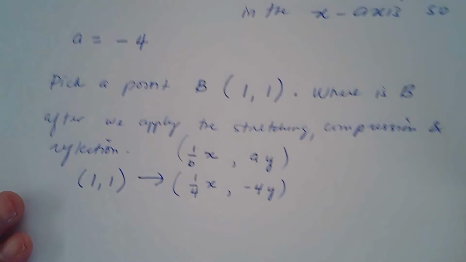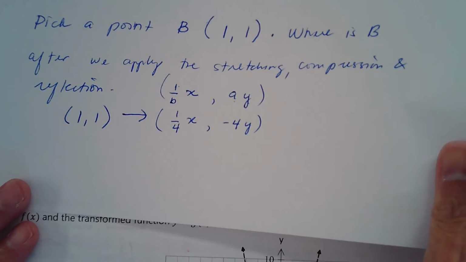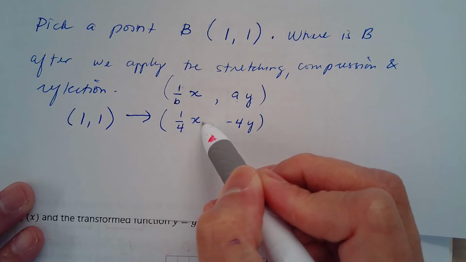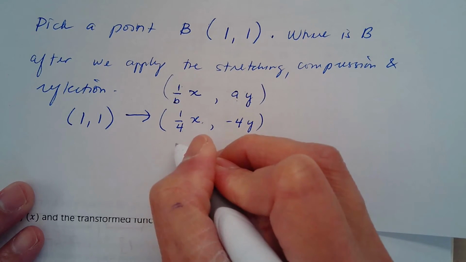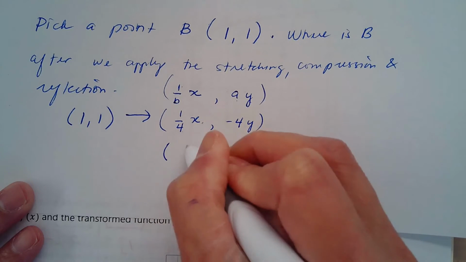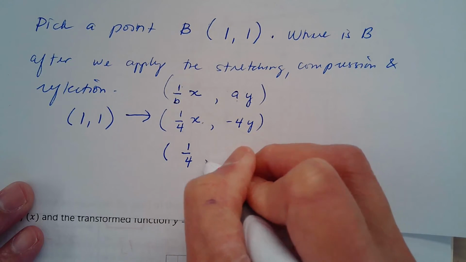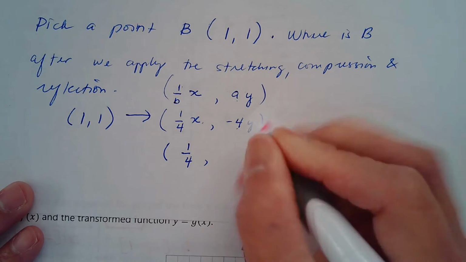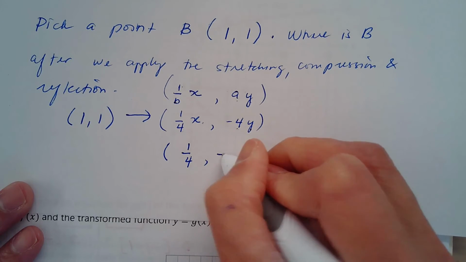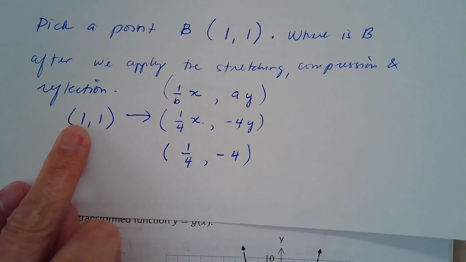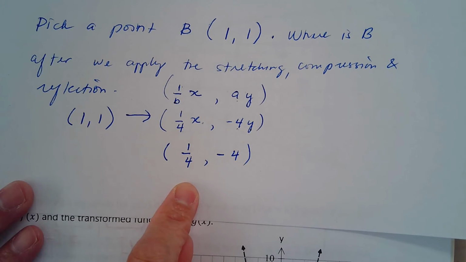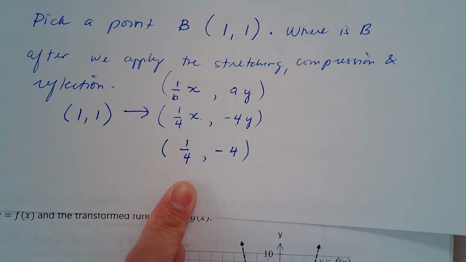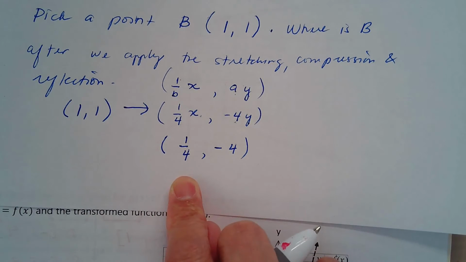So where would that point B be going to be? So 1/4 times X is going to be 1/4, and negative 4 times Y is going to be negative 4.